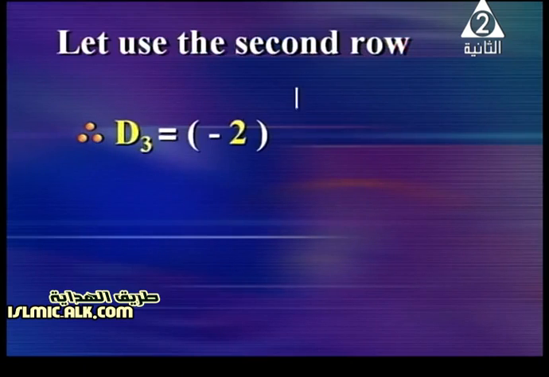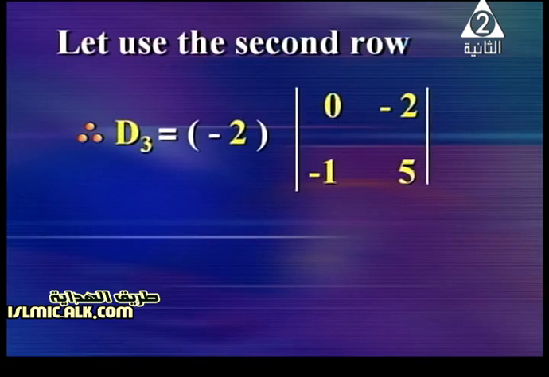Solution. Let us expand by the second row, using negative 2 multiplied by its cofactor determinant. What is the cofactor determinant of negative 2 in the second row? We remove the first column and the second row, and the determinant is 0, negative 2, negative 1, 5.